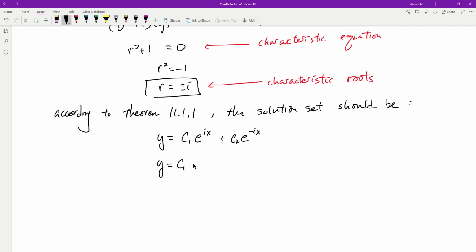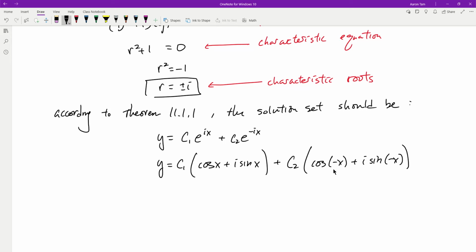C1 e to the ix can be represented as cosine x plus i sine x, plus C2 e to the negative ix, which equals cosine negative x plus i sine negative x. Because negative ix is negative x times i, we're plugging negative x into our cis function.